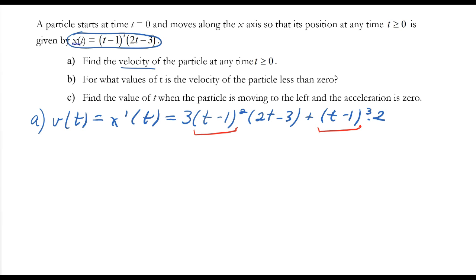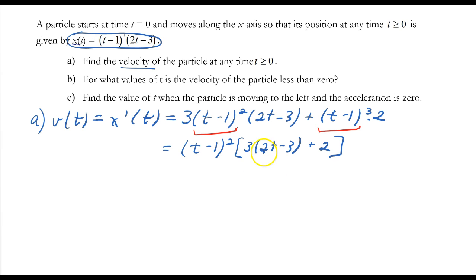Think GCF. So we're going to rewrite it as follows. We're going to bring a t minus 1 squared out front. That's going to leave the 3 times the 2t minus 3, and it's going to leave us with that plus 2. We basically distributed out the t minus 1 squared.